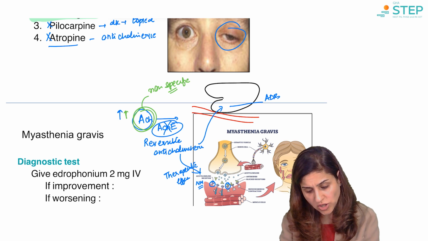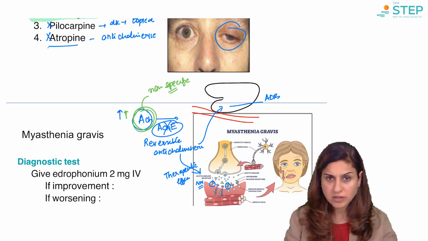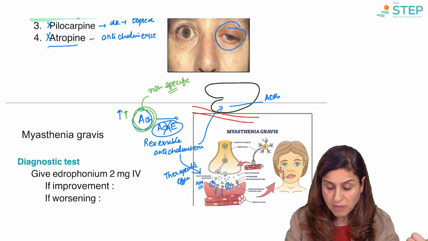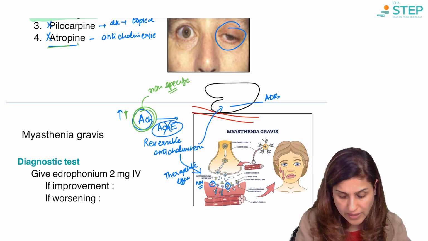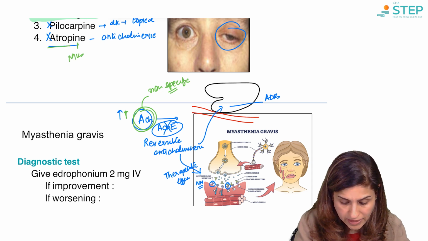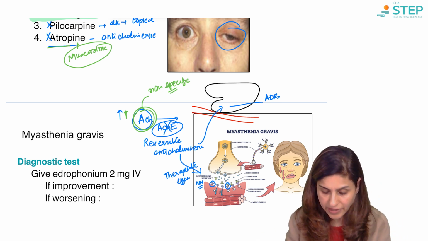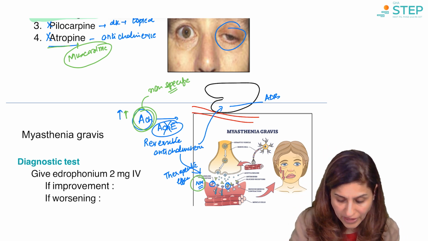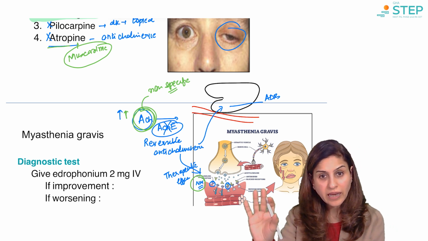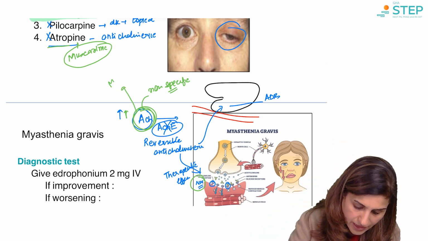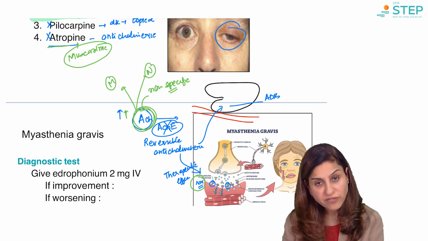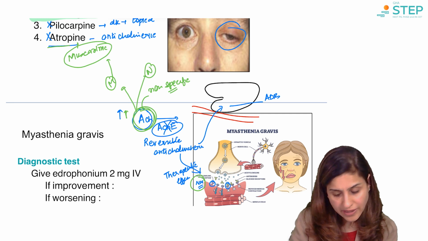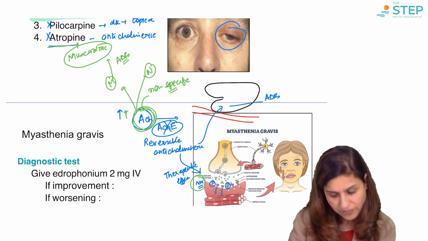It will act on muscarinic receptors as well as nicotinic receptors. Atropine is a muscarinic blocker. The action is desired on the nicotinic receptor, but when you give acetylcholine, it affects both the muscarinic and the nicotinic receptors. The nicotinic effect will give us the good effects, but the muscarinic effect will give us the adverse effects, right?